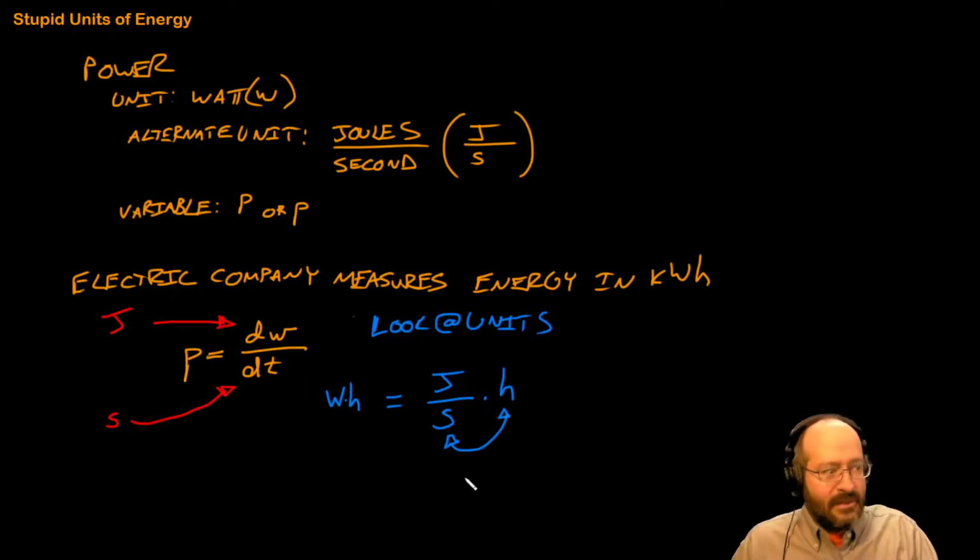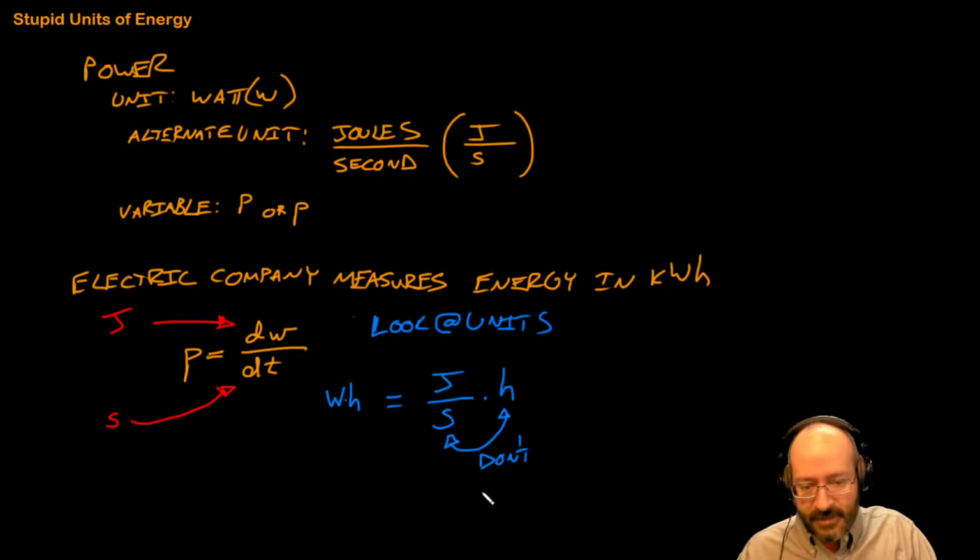But this is how your electric company does it. I don't know of any that measures it actually in joules. It would be nice if they did. These don't cancel without an extra factor.